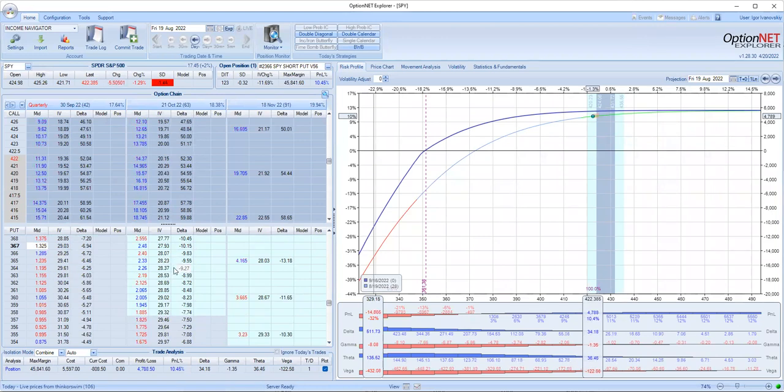I get questions about what the target delta is for the puts that I'm selling. I don't look at delta. I look at what I'm looking to collect. My goal is to collect somewhere between $1.25 and $1.50. That's my target credit.